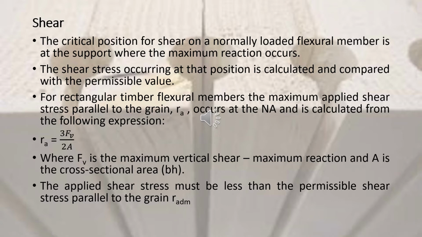Capital A is the cross-sectional area, and for a rectangular section it is B times H, or B times D. The applied shear stress must be less than the permissible shear stress parallel to the grain, τadm. So this is something we have to ensure.